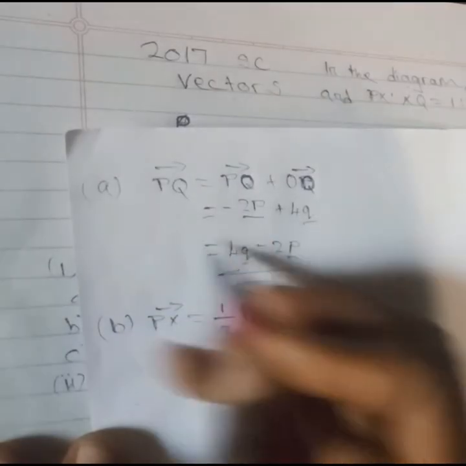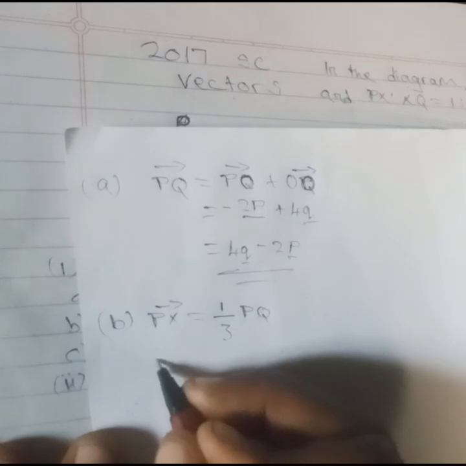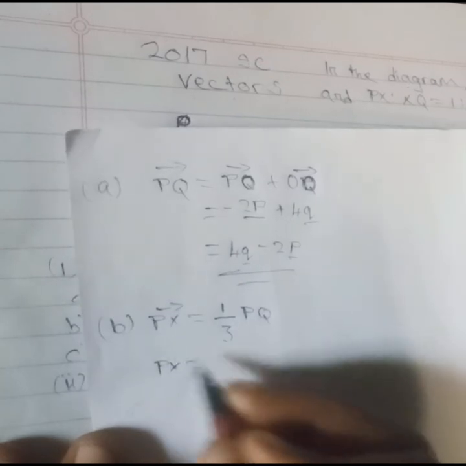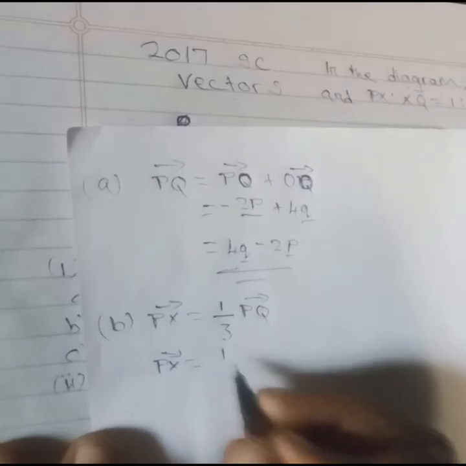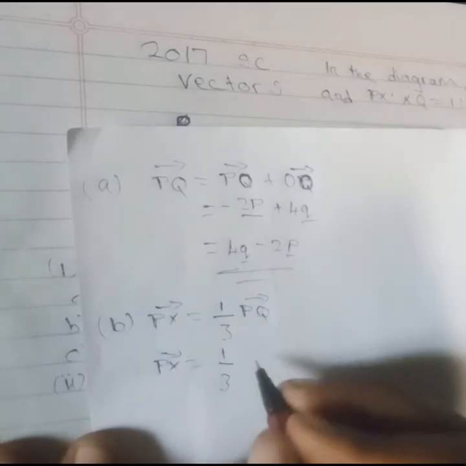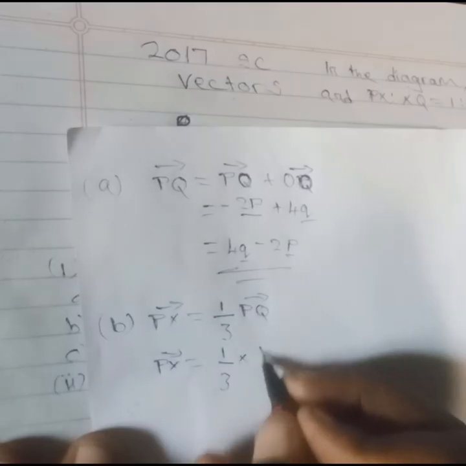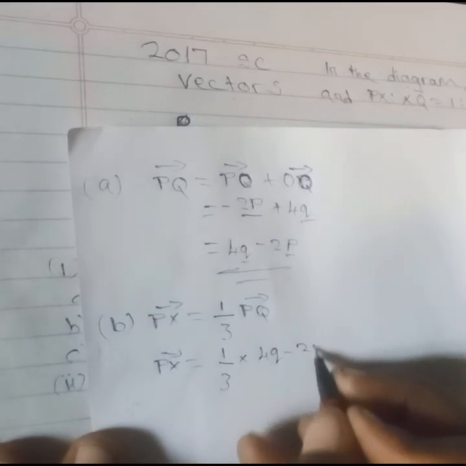Then we replace the value of PQ. What is the value of PQ? We have already found it here. So PX is equal to 1 over 3 of PQ, and the values are 4q minus 2p.